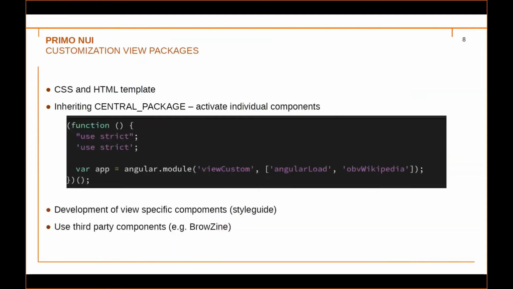The customization of the view packages for most of the institutions is pretty easy. The main customization is done in CSS and HTML templates, and everything functional is simply activating components from the central package. For example, here you have the Wikipedia service, which is a component.